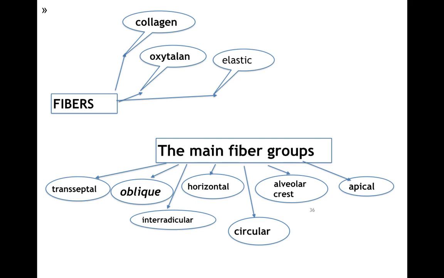The main fiber groups, there are a lot of fiber groups. The very thick fiber group is transseptal fibers. Next, oblique, horizontal, alveolar crest, apical, interradicular, and circular fibers.